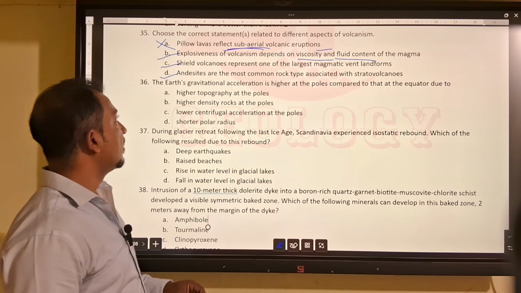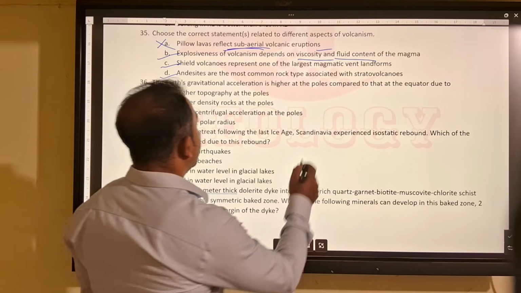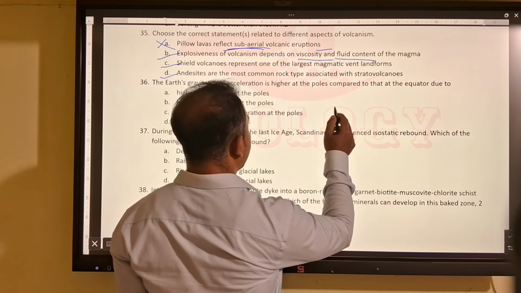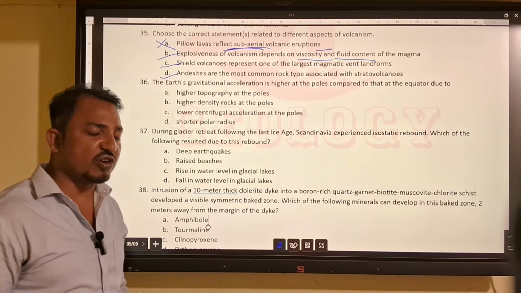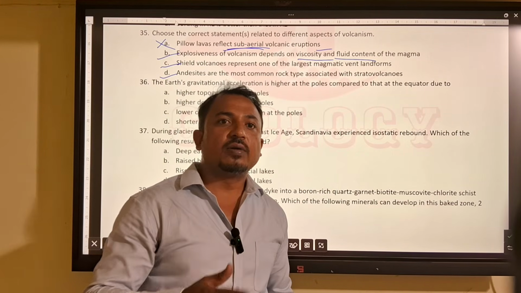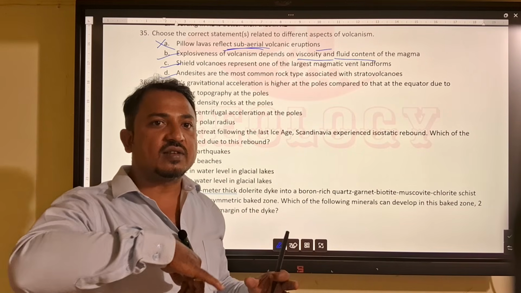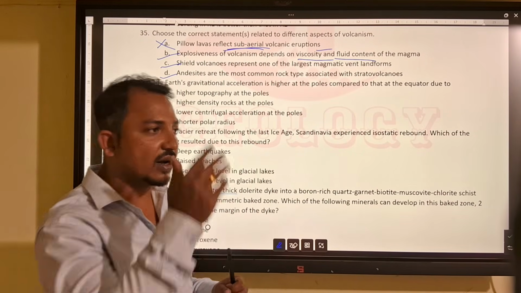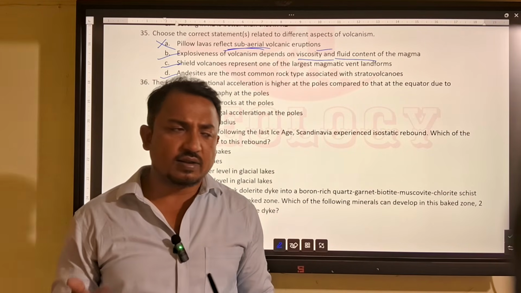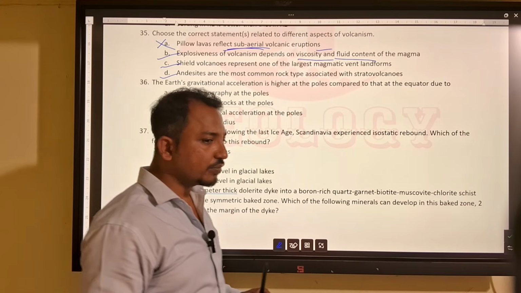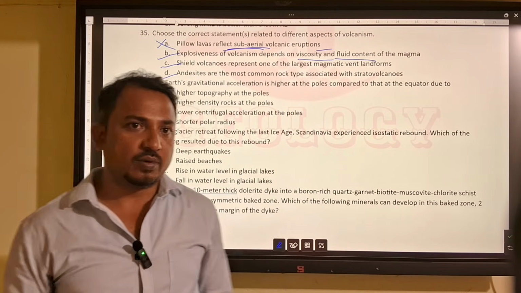Next, another question: the Earth's gravitational acceleration is higher at the pole. The force of gravity, the gravitational acceleration, is inversely proportional to the radius. Our Earth is an oblate spheroid, so it has a greater radius near the equator and a smaller radius at the pole: around 6378 kilometers at the equator and 6356 at the pole.